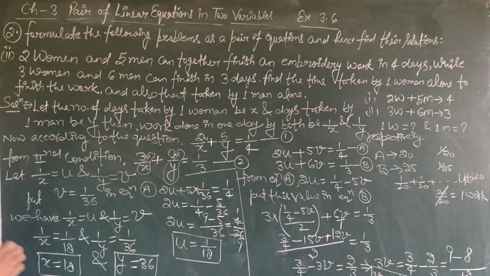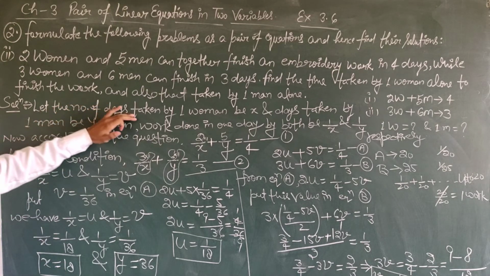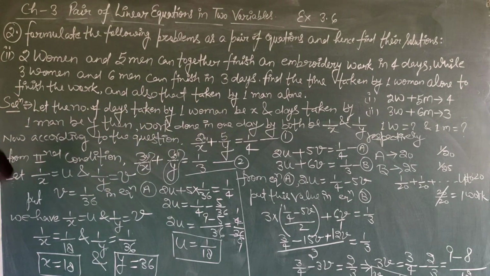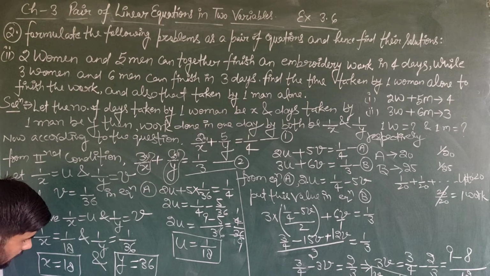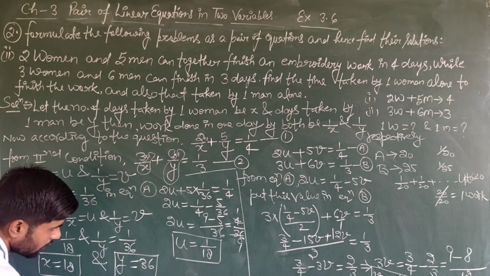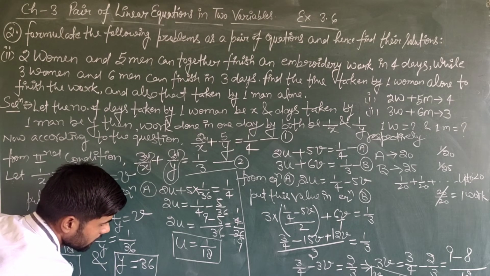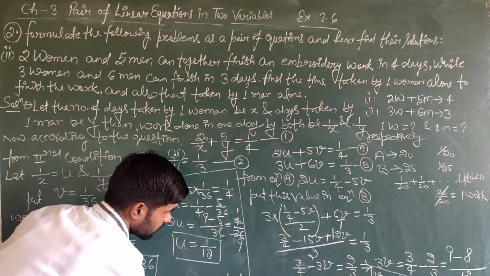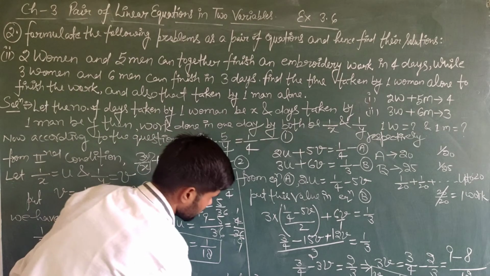And what does this mean? What is x? Let the number of days taken by one woman be x. Okay, means one woman will take 18 days and one man will take 36 days.